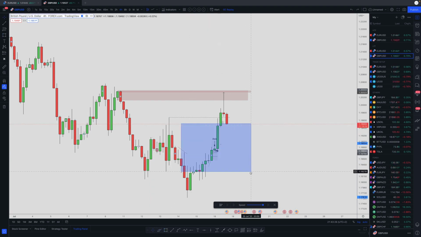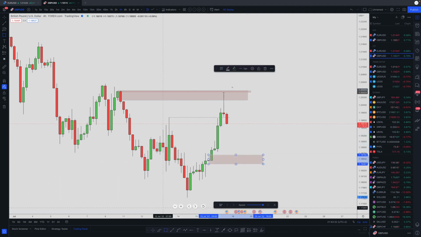So a quick forecast on what I do expect personally is price to tap here to give me a reaction. In the hunt of this is the aim. The idea is to go like this to create here some sort of order flow.